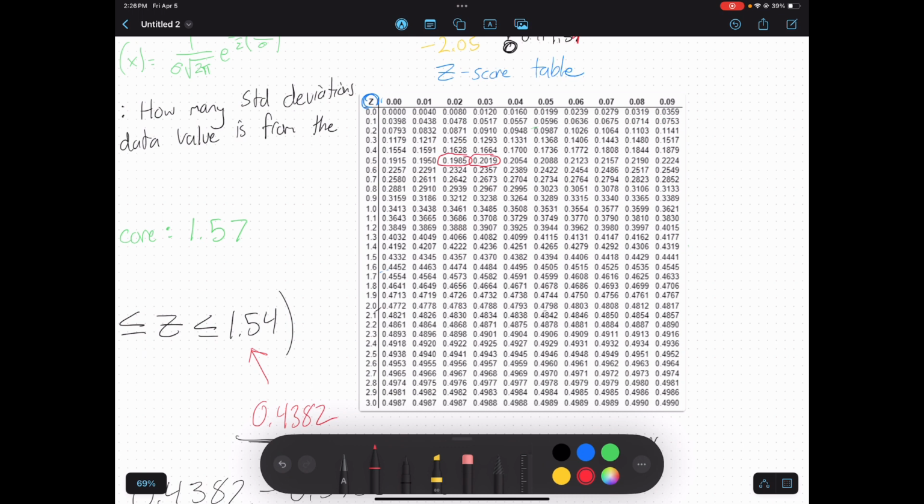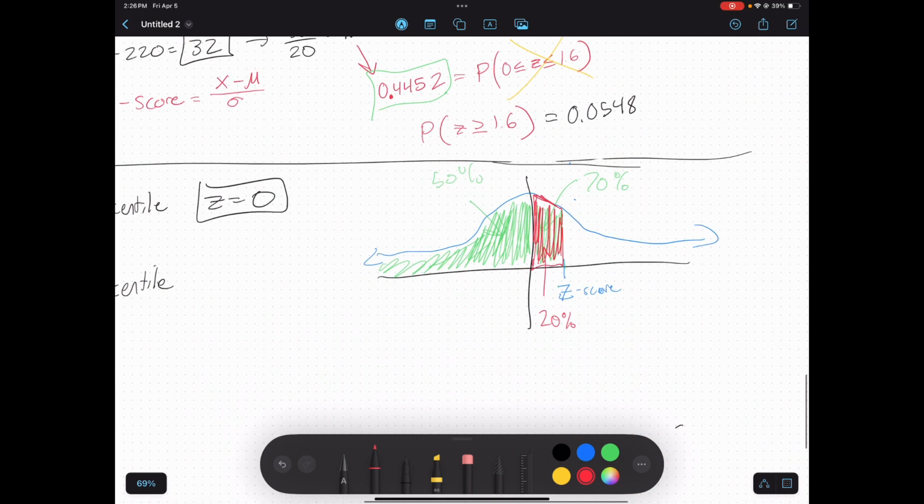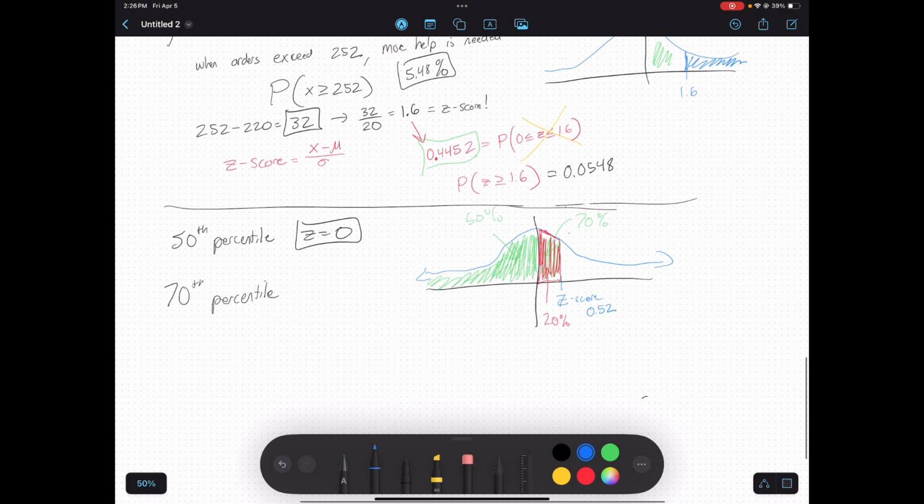Which one's closer? Well, 0.195 is the closer one. This one's closer to 0.2. And so this is the z-score I'm going to use: 0.52. So that's the z-score that corresponds to my 70th percentile.